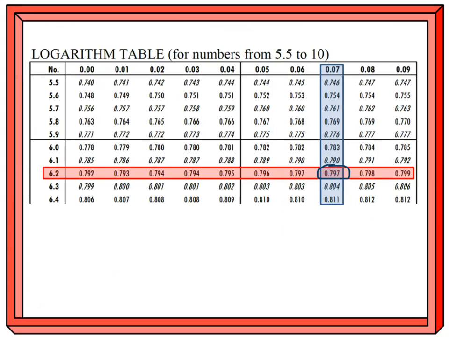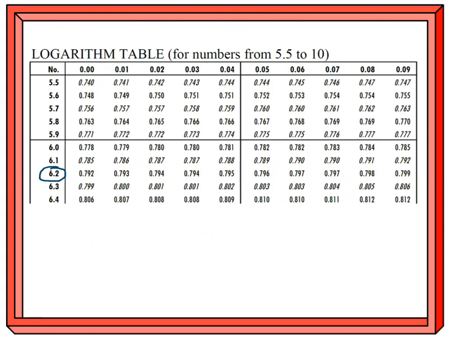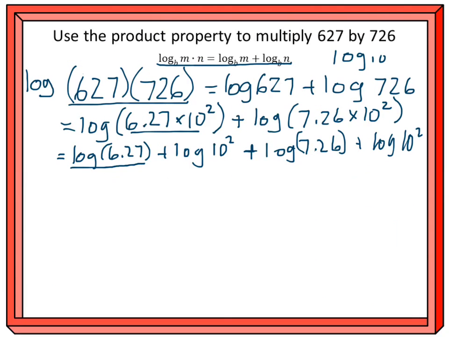So the log of 6.27 is equal to 0.797. I hope that's what it was anyway.